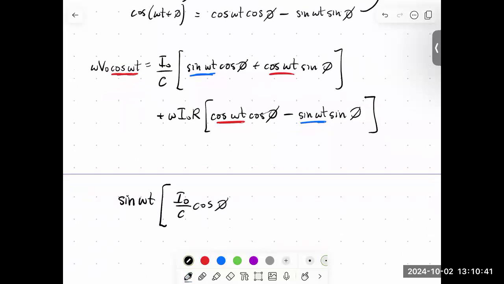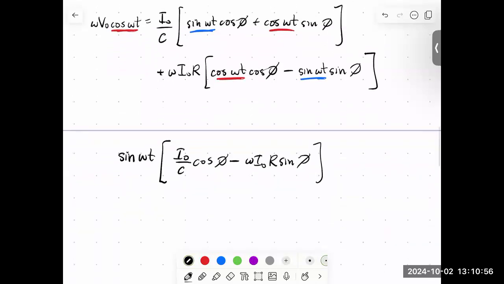We have a minus omega I naught r sine phi. Okay, I think that is right. And then we're going to have our plus cos omega t. So which one should we start with? Let's start with this one: I naught over c sine phi.